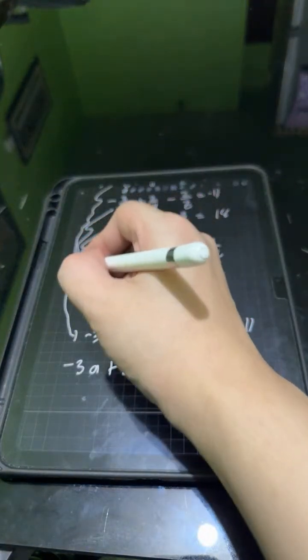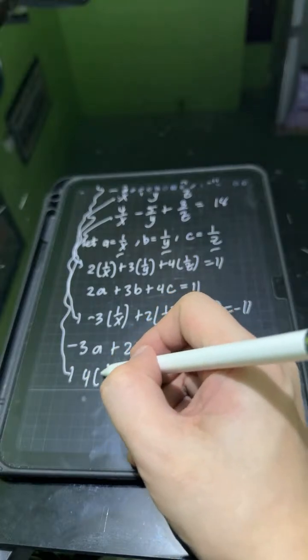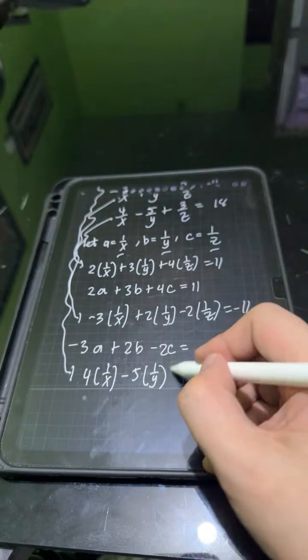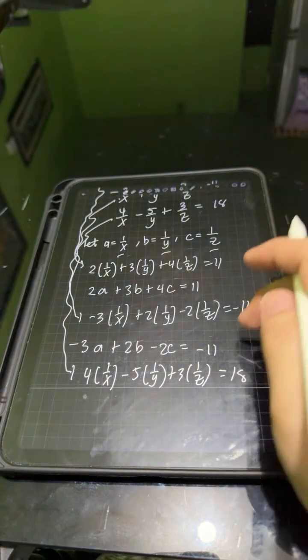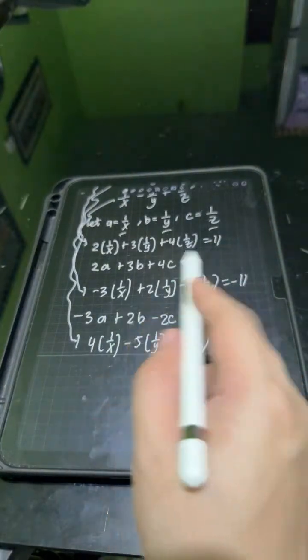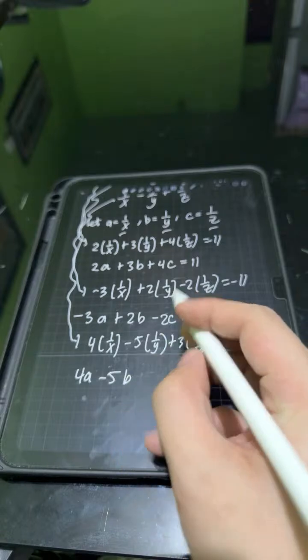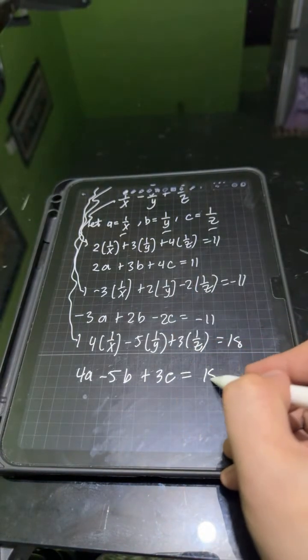Then the third equation can be written as 4 times 1 over x minus 5 times 1 over y plus 3 times 1 over z equals 18. Using the substitution, this will be 4a minus 5b plus 3c equals 18.